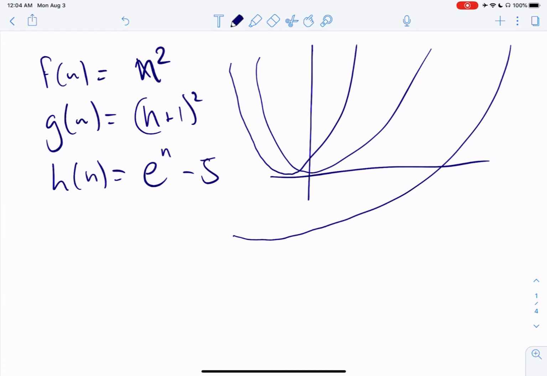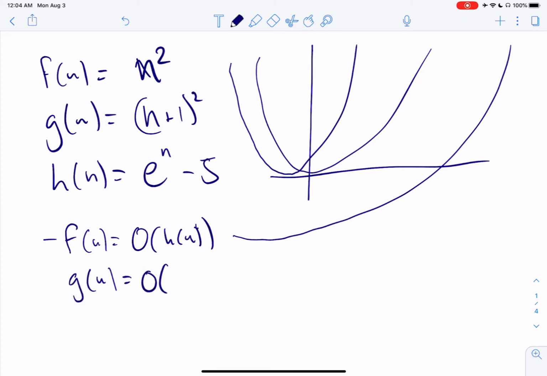Now, the important thing is that even though h of n lies below f of n and g of n, eventually e to the n is going to dominate both f and g. So it's certainly the case that f of n equals O of h of n, and g of n equals O of h of n, because h of n, this exponential, grows faster in the long run.